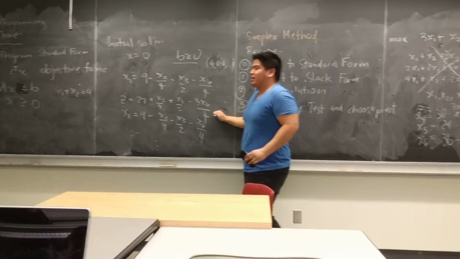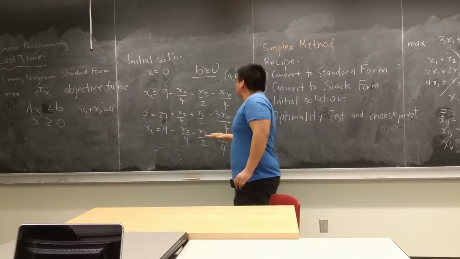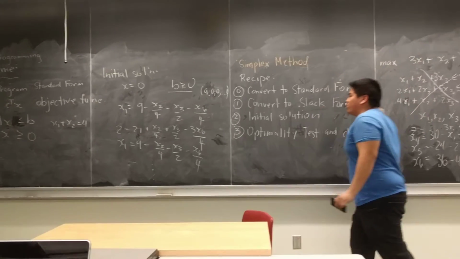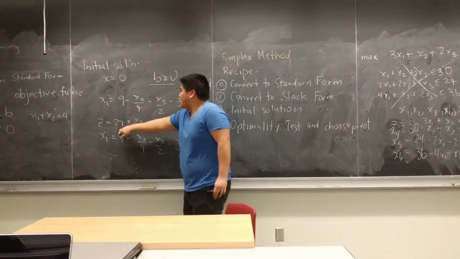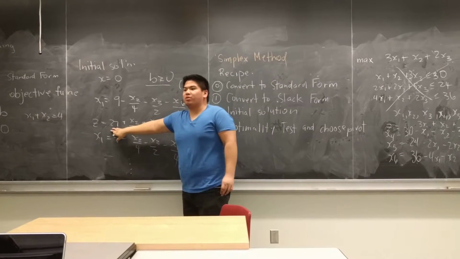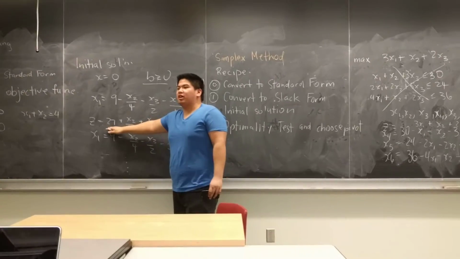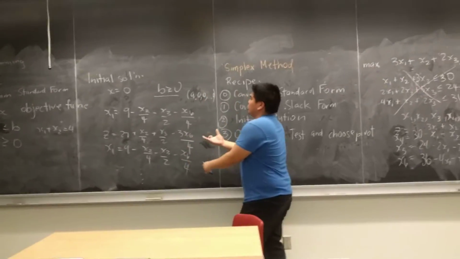But now look at the new z. One important thing to note is that before it was 0, now it's at 27. So basically what we're saying is that by increasing x1 by 9, we've increased our objective function by 27. We're trying to increase this as much as possible. So in our next step, we do the same thing.